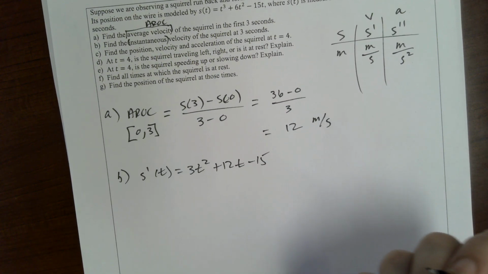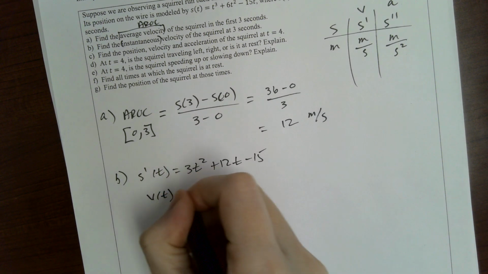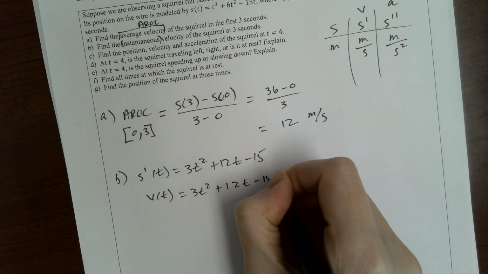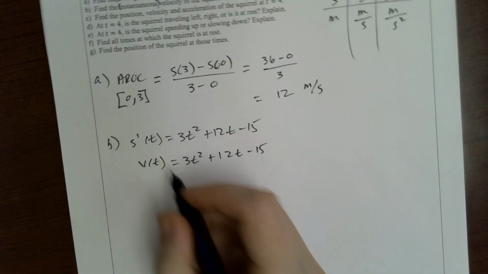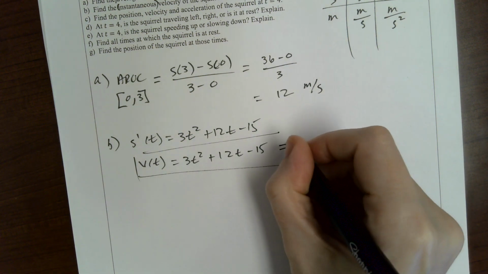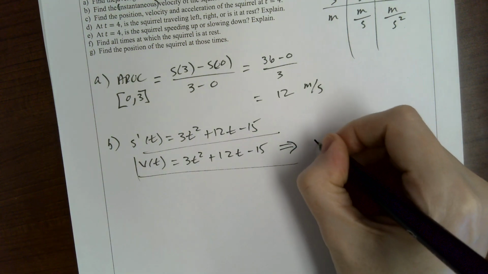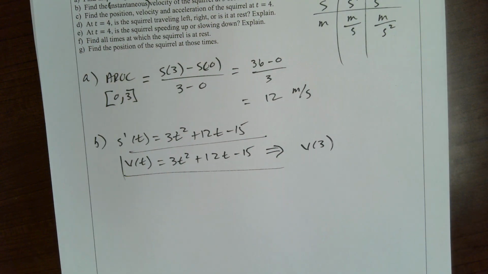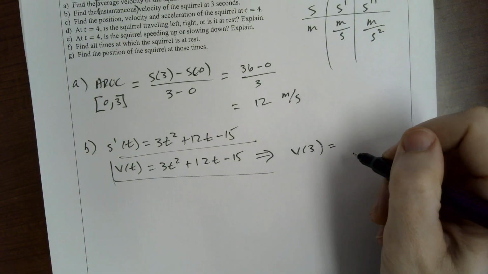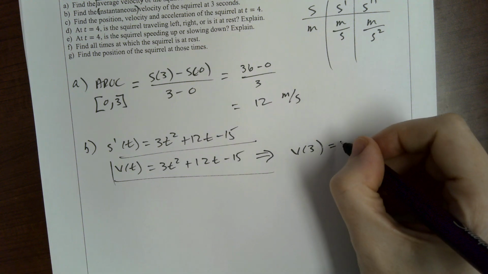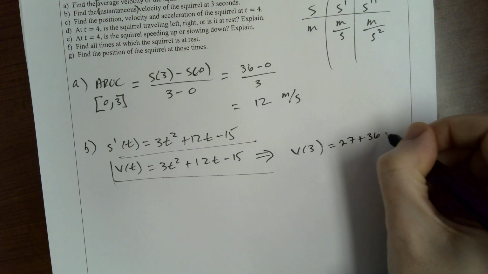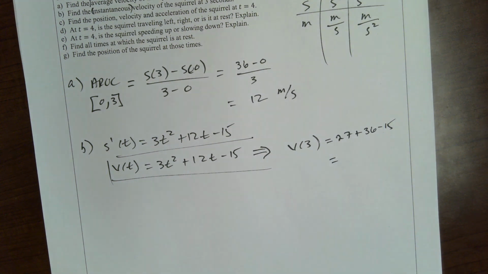You could leave it as S prime or you could say v of t, and you never even needed to use S prime really. Oh shoot, I need v of 3. You take the derivative, that's the velocity function, and then you plug 3 in. So 27 plus 36 minus 15.